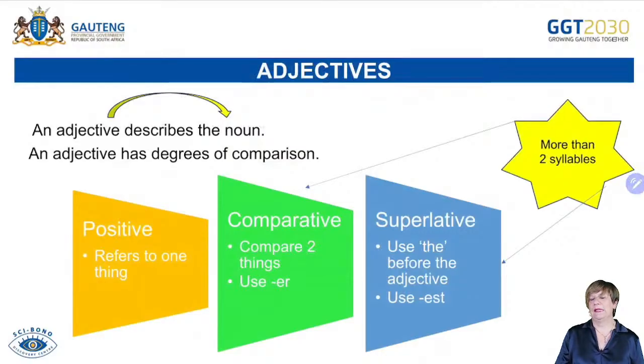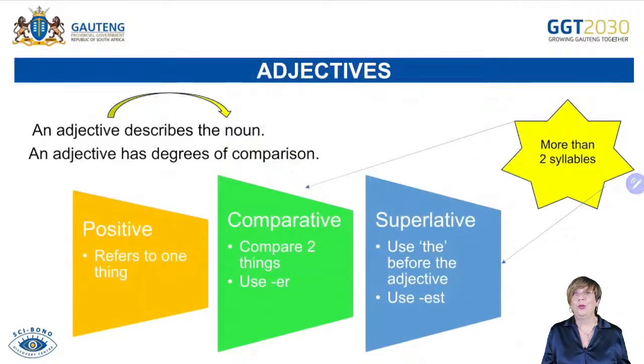If your word has more than 2 syllables, then we can't put an ER or EST at the end of a word. We can't say more beautifuler. It just doesn't sound right. So what are we supposed to do? Oh, it's easy.